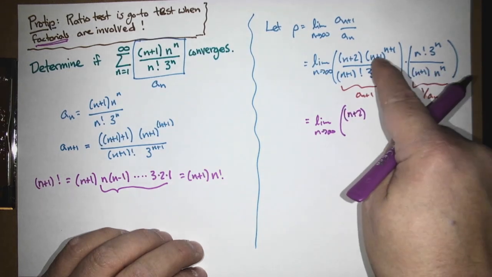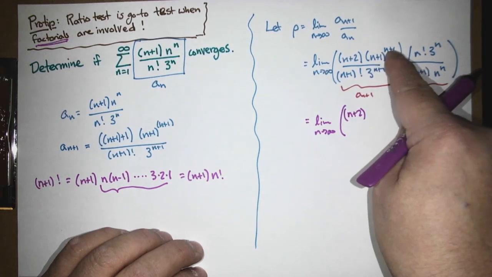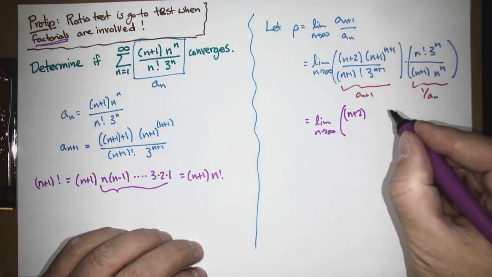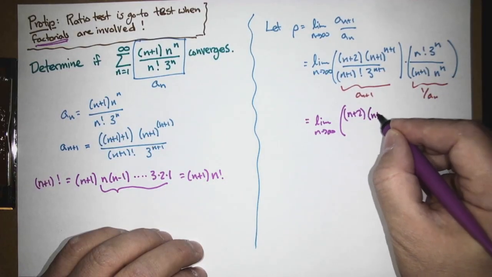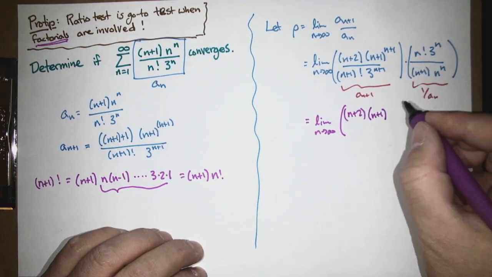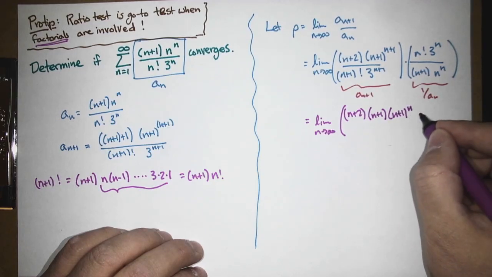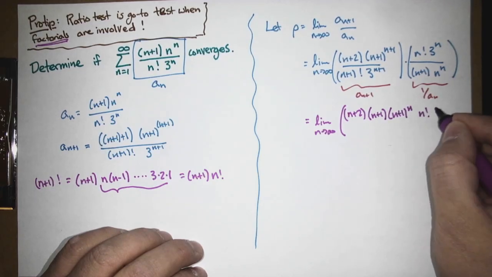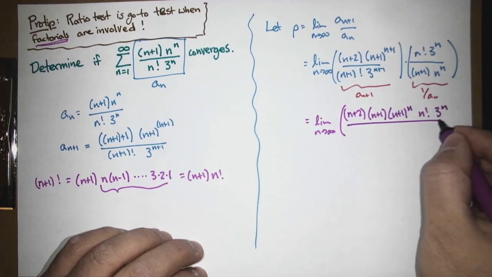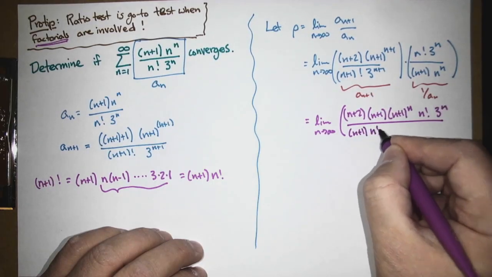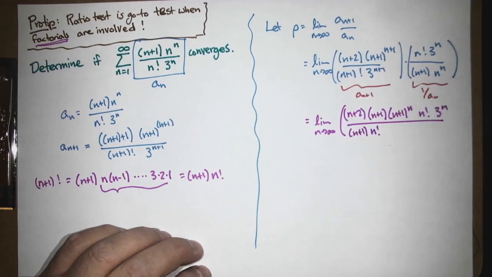Now, here I have n plus 1 to the n plus 1. Here I have an n to the n. I'm going to pull off an n plus 1 from that term. And now I have n plus 1 to the n power left. Then I have an n factorial and a 3 to the n. And downstairs we have an n plus 1 times n factorial, 3 to the power n plus 1.